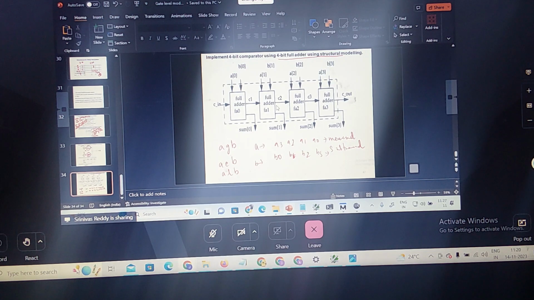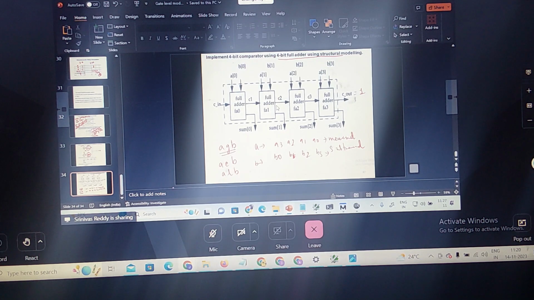Using the gate level modeling technique, when you say that A is greater than B, the condition is that you should get Cout equal to 1. Cout is 1 means A is greater than B. Are you understanding?